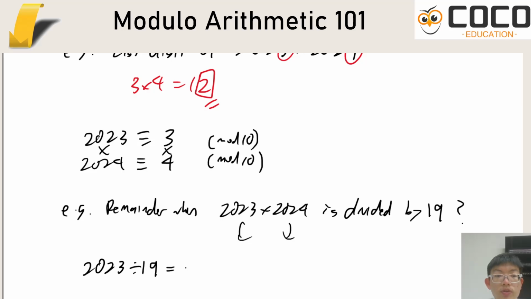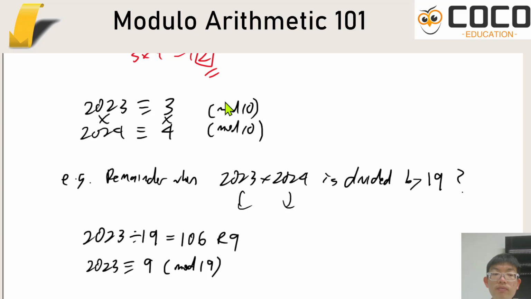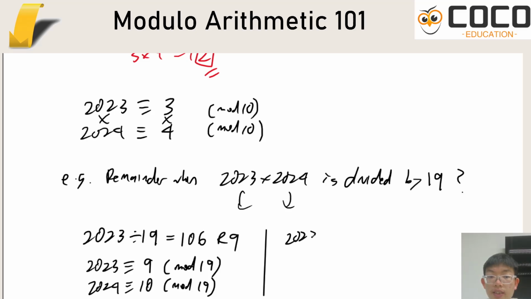This would give you 106, remainder 9. So that means that 2023 is congruent to 9 modulo 19. Now, of course, this would also mean that 2024, which is one bigger, is congruent to 10 modulo 19. And so the implication is that I can replace both of these with a smaller representative.